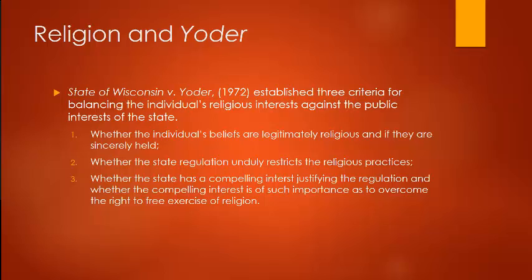And in Yoder, the Supreme Court came up with 3 criteria. Number 1, whether the individual's beliefs are legitimately religious and if they are sincerely held. And what they determined in the Yoder case was that the Amish were well established and this religion had been in existence for well over 200 years. So that was met. Number 2, then, the court asked whether the state regulation unduly restricts the religious practice.